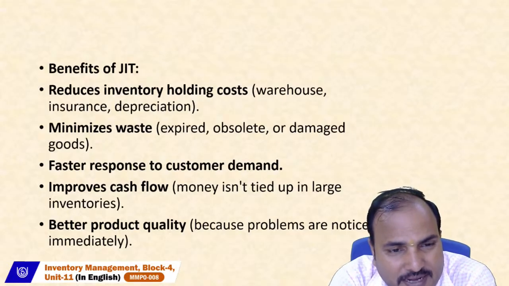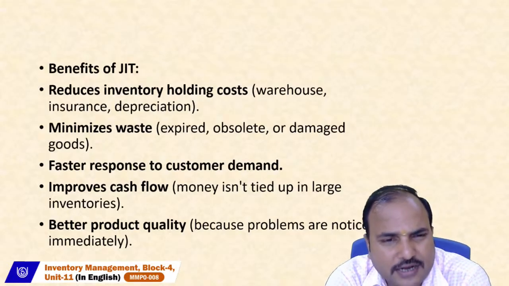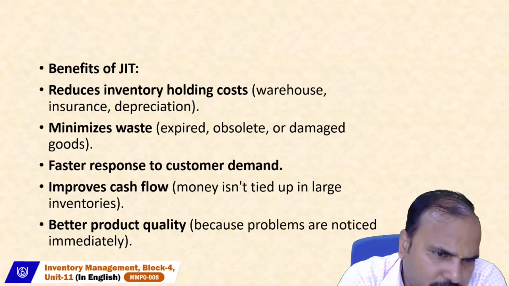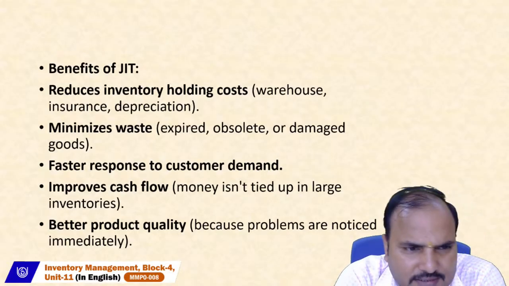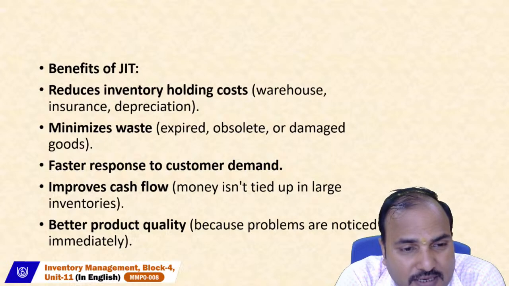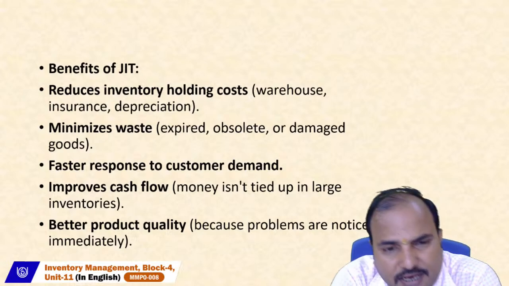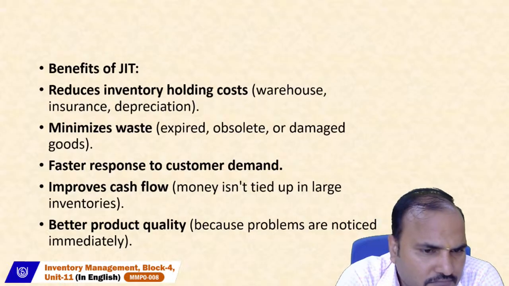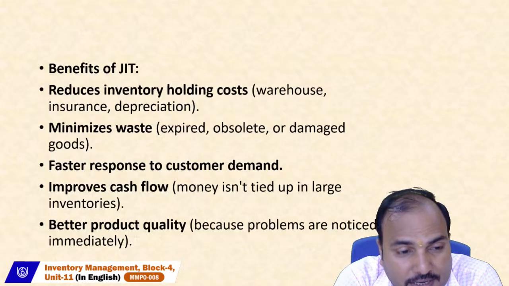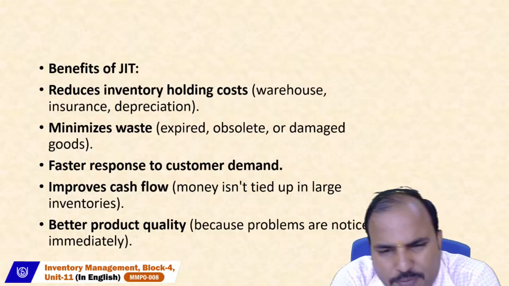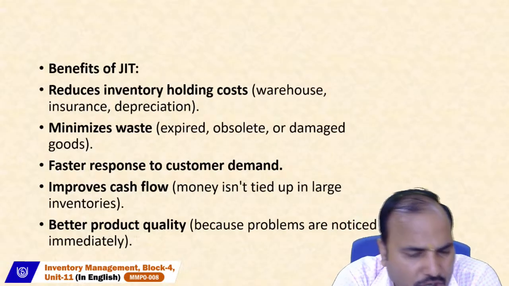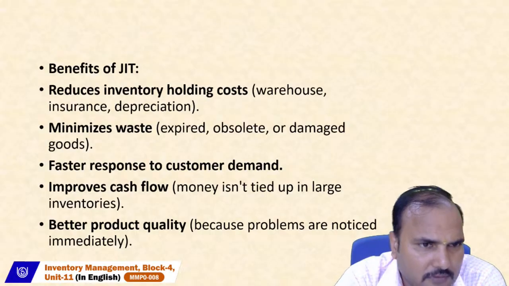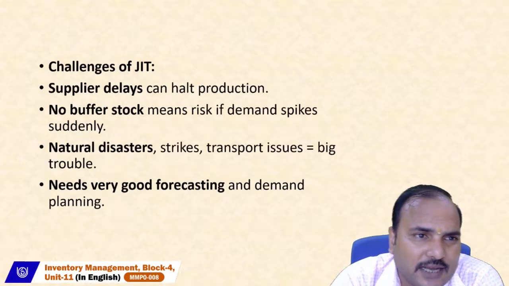It responds very quickly to the demand of the customers. Another is it improves cash flow, so money is not tied up in large inventories. Then better product quality. How will it be better? Because problems are noticed immediately. These are the different benefits of JIT.